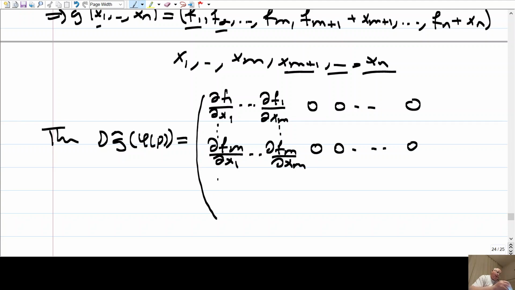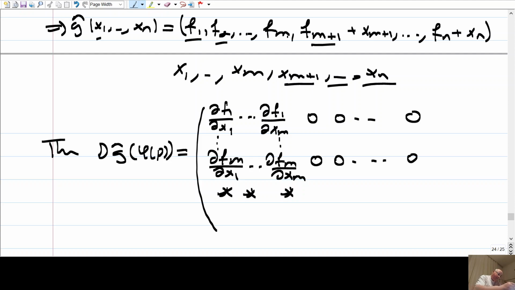All right. And then I have what? f_{m+1}, derivatives of this with respect to all the variables. So these are just some numbers. We don't know what they are. No, I have to be careful. Up to xm, there are some numbers, but after that, f_{m+1} has no x_{m+1} in it. So the derivative of this with respect to x_{m+1} is 0.